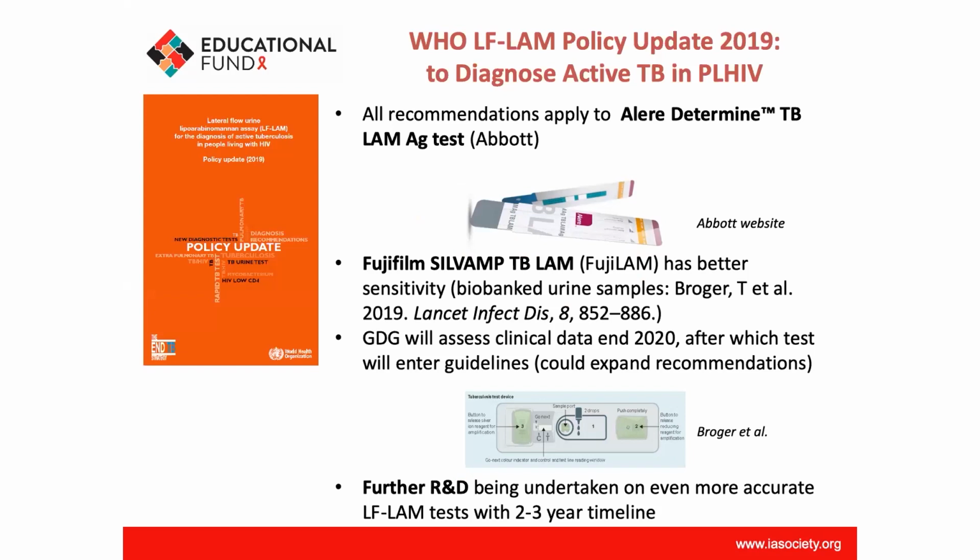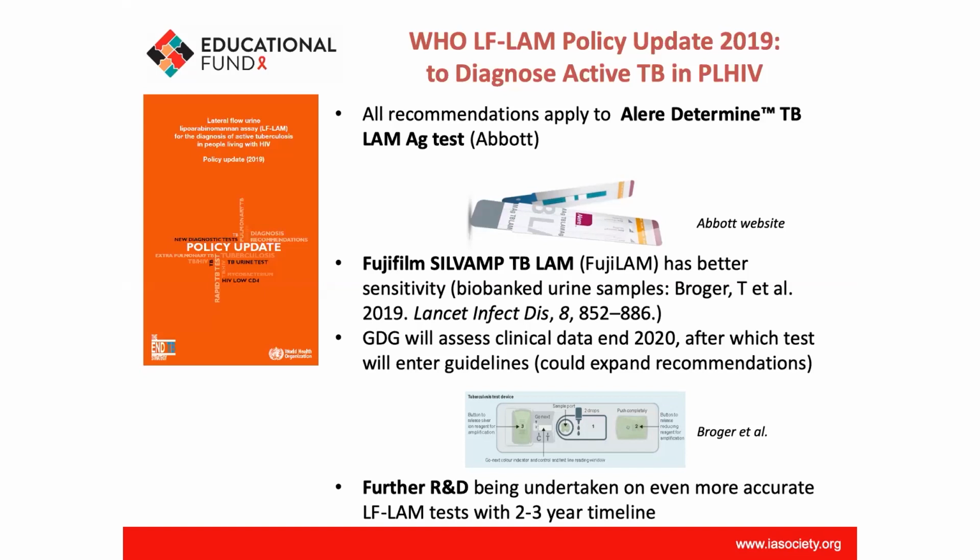A lateral flow test is essentially a type of assay whereby both the sample and the reagents flow across the test in order to detect and diagnose someone for the target that is being used on the test. In this particular test, it's for LAM, otherwise known as the mouthful lipoarabinomannan, and it forms part of the cell wall of mycobacteria and is one of the virulence factors.